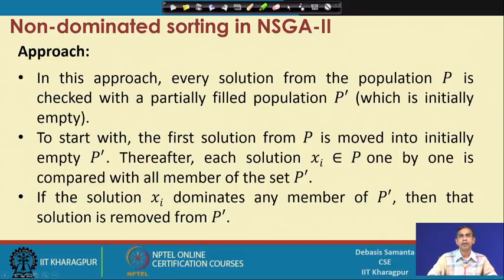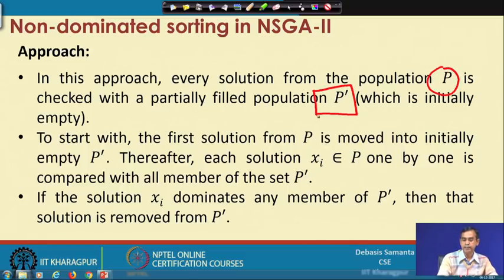The approach is like this. Every solution from the current population set P is checked with a partially filled population P dash, which is initially empty. The idea is that, given a set of solutions P, we have to first find a non-dominated front P dash.